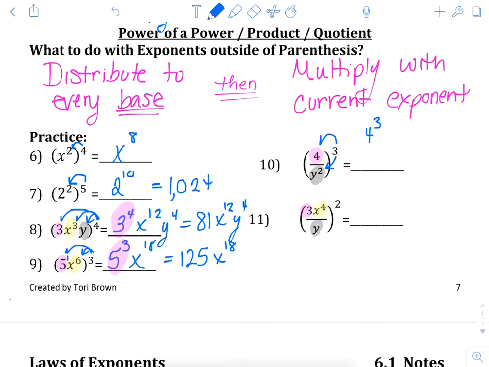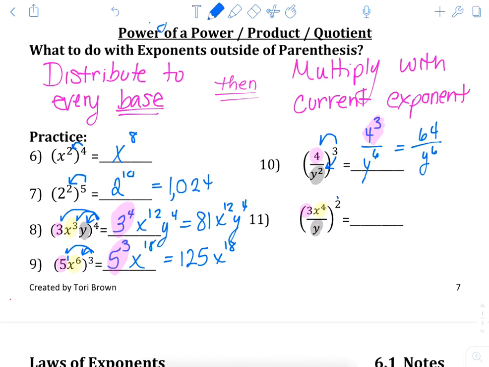The y already has an exponent, so they are going to multiply. When I do that, I end up with 6 as my exponent. 2 times 3 made 6. Now, I can't leave that 4 to the 3rd power. That's not simplified. So I'm going to go ahead and write it out. 4 raised to the 3rd power, like this, is going to give me 64. So 64 divided by y to the 6th. That's my final answer.